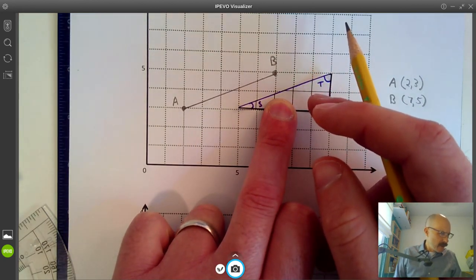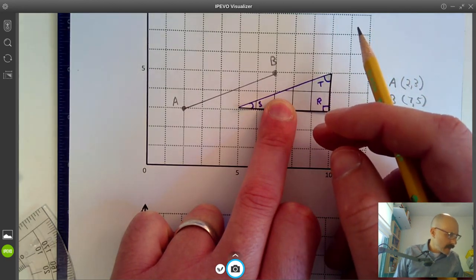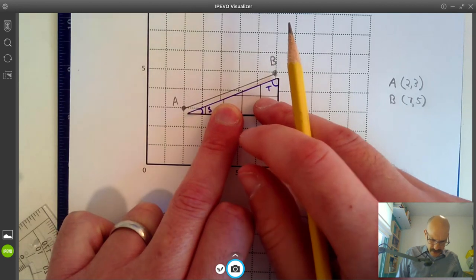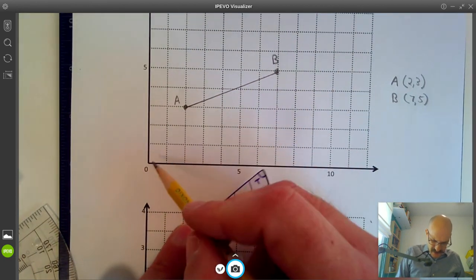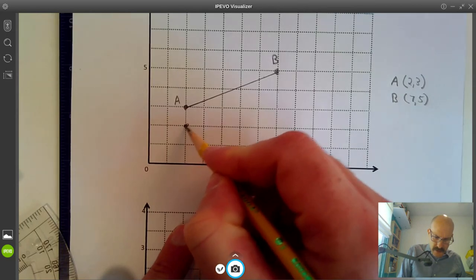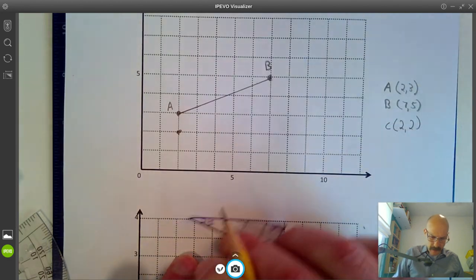So let's draw a couple and see what we see. How about, let's go down here to, what did I want? I want 2, 2. So let's start with point C at 2, 2.